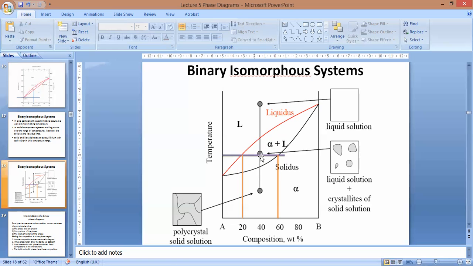So it means that solids are beginning, crystals are beginning to form, okay? Crystals are beginning to form in this stage here, such that by the time you hit the solidus line, beyond this solidus, any point beyond it, you have a complete solid. So while you're in the alpha plus liquid, the intermediate phase, this is what you're expecting to see.